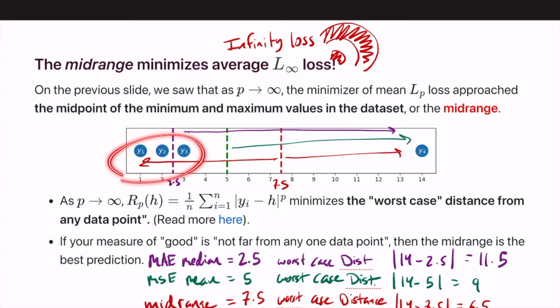Because we have this cluster of data here. Maybe this was an error, or maybe it was a true outlier, or maybe this really is the range. But our feeling from looking at this data is that it's probably going to be somewhere around here. And so we look at these 3 loss functions: the infinity loss coming to a theater near you, or mean absolute error, or mean squared error. These are all different loss functions that we can use.